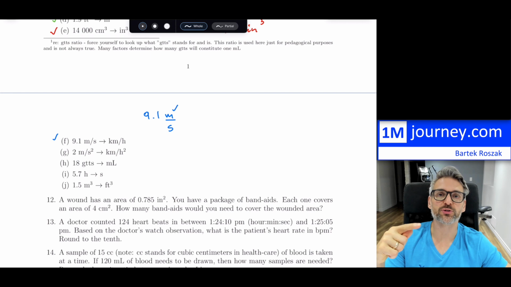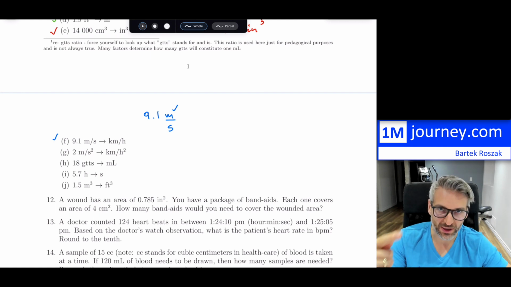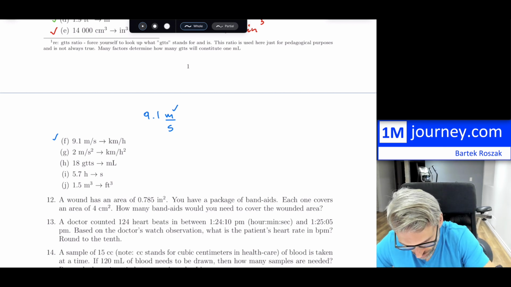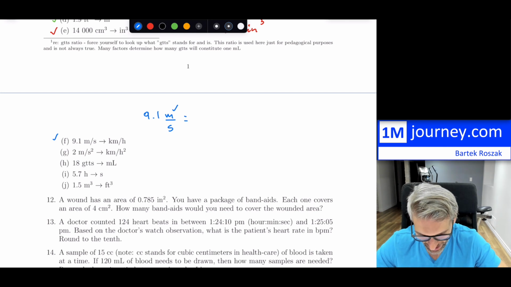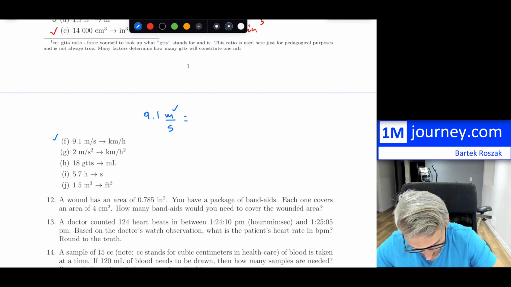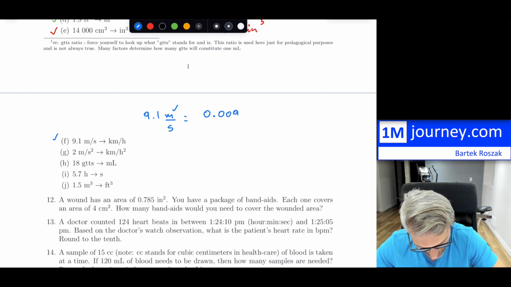But you can directly do the metric prefix conversion, right? So you can go from meters to kilometers. Changing the meter, the second in the denominator I'm going to leave as is for the moment. So now switching this over, this is going to be kilo. This is going to be shifting it over 3 decimal spots, so 0.0091.